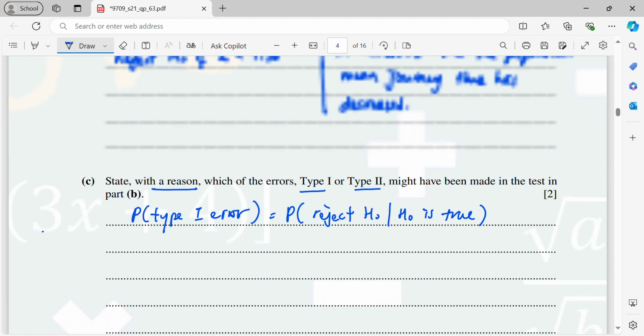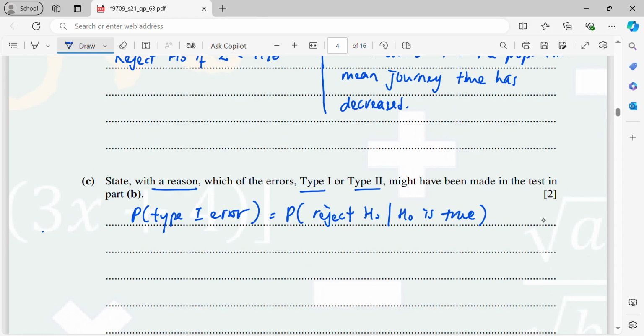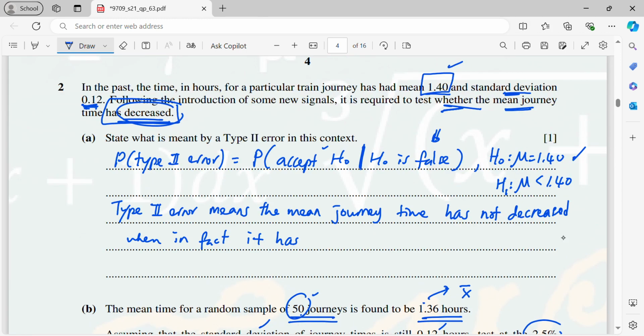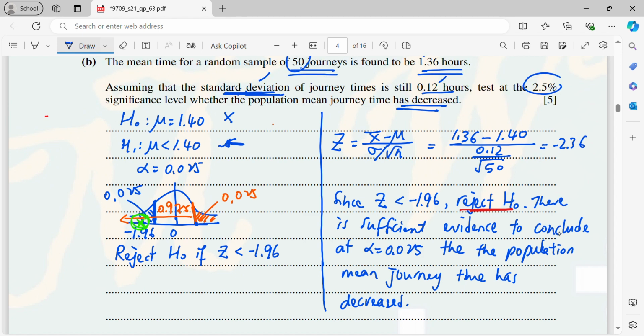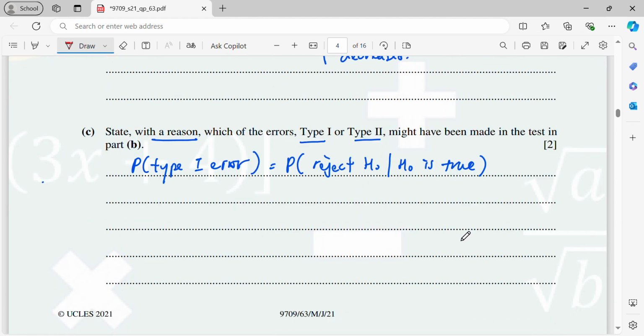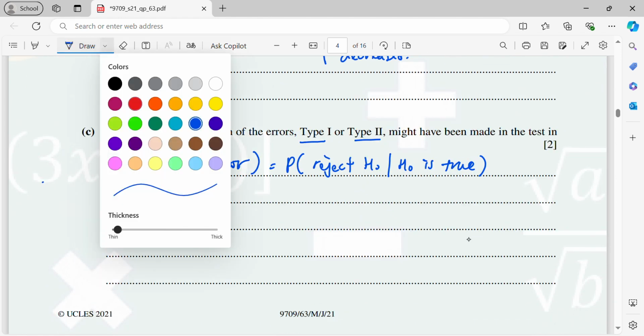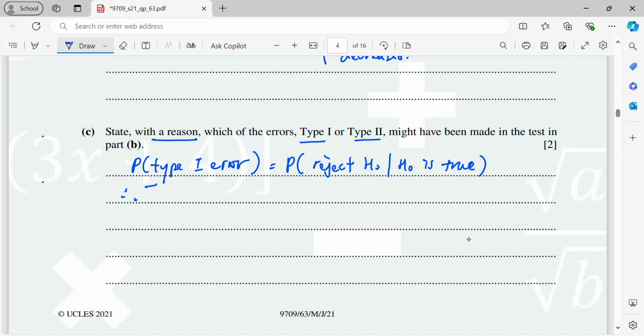Whereas type 2 error is defined as when we accept H naught. Now from part B, since our decision is reject H naught, we have rejected the H naught, therefore it will be a type 1 error. So here, a type 1 error may have been made.